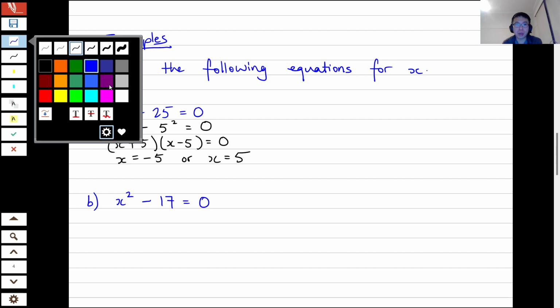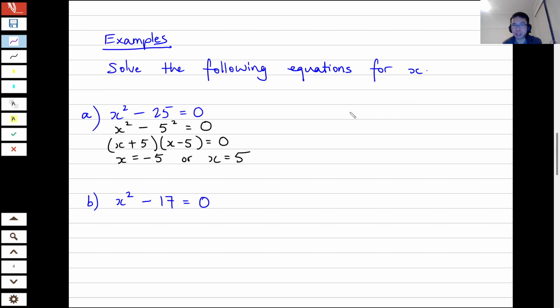An alternative way to approach this equation is to say x squared equals 25 and x equals plus or minus root 25. I'm also happy for you to do this at the year 10 level as long as you understand that when I take the square root, there are two possibilities if I allow x to be negative.